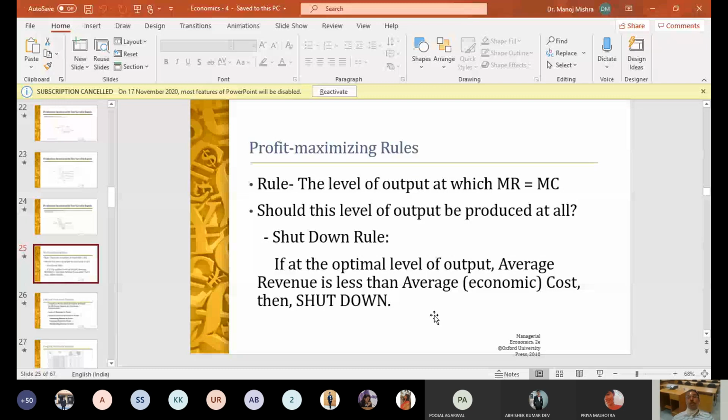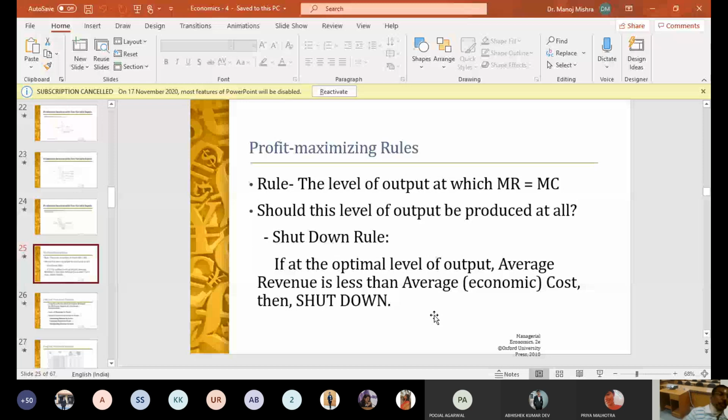So average revenue should not be less than the average cost. If it is so, then you shut down. Okay, these are two very important rules, the rule of profit maximization and the rule of shutdown.